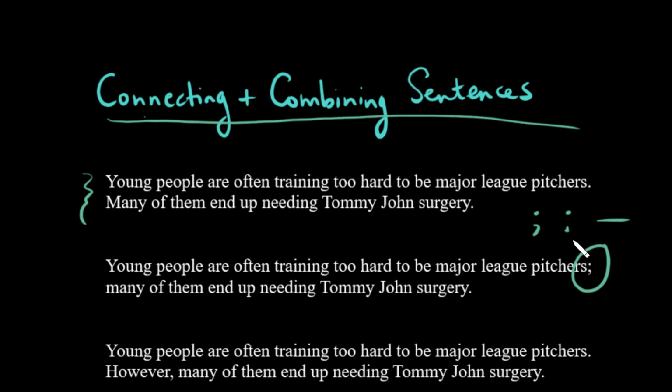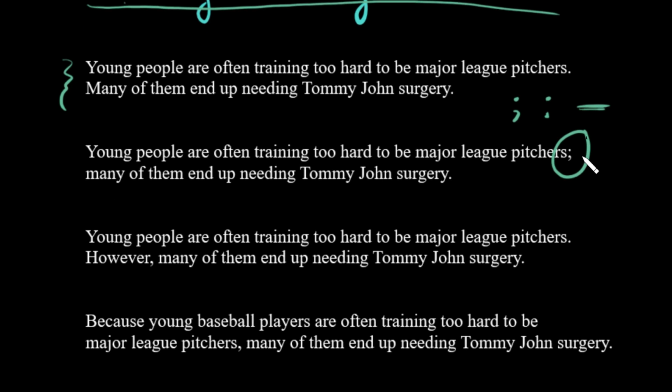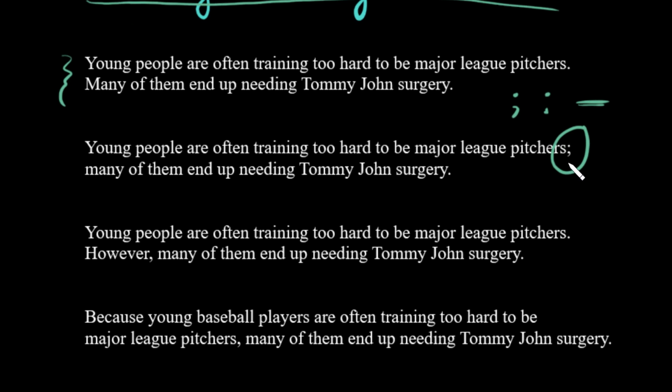The colon would be used if your second sentence zooms in more or explains the first, and the dash is a more casual kind of punctuation mark that simply extends or continues the sentence. In our case, the semicolon is probably best, and now these two clauses are on the same level. The semicolon indicates that they are closely related in theme and in content, and so we can bring them together.